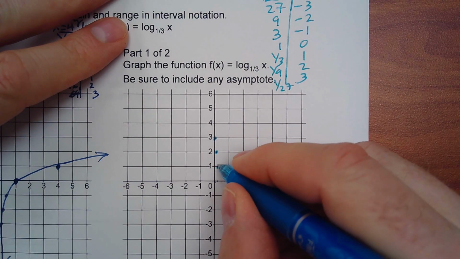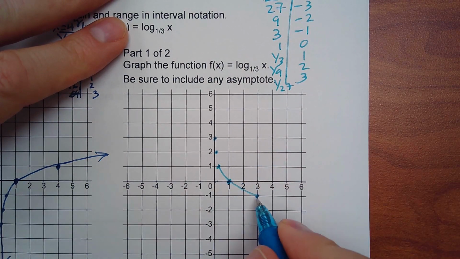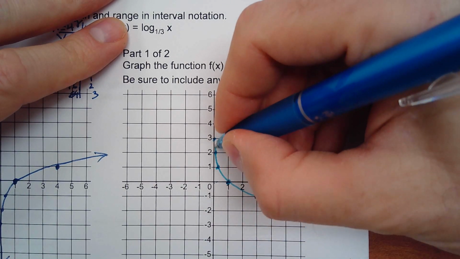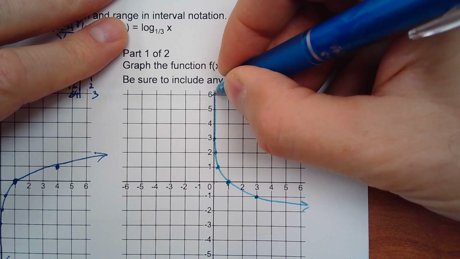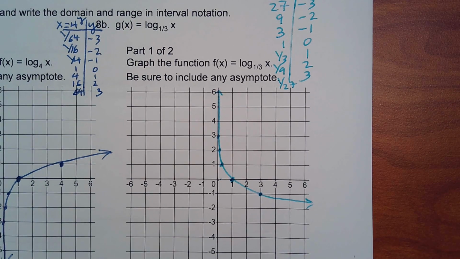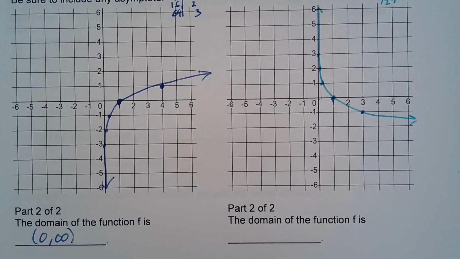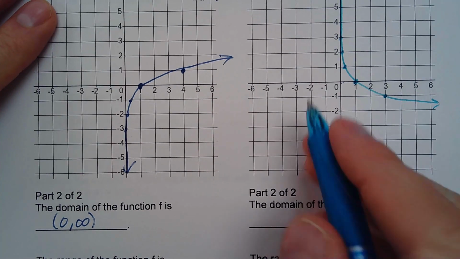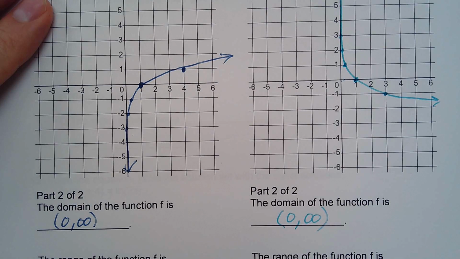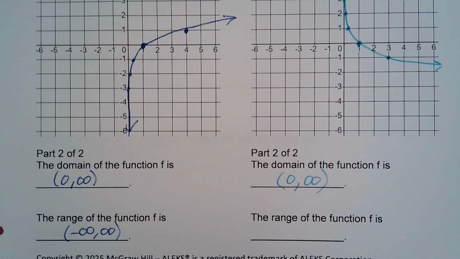So my graph's going to go through these points here, extend out that way, and then go through here. Now my domain and range should be the same as the last one. So domain's all positive real numbers. Range is all real numbers.